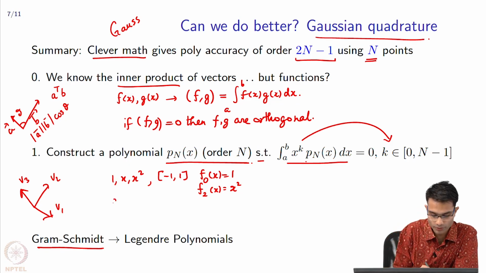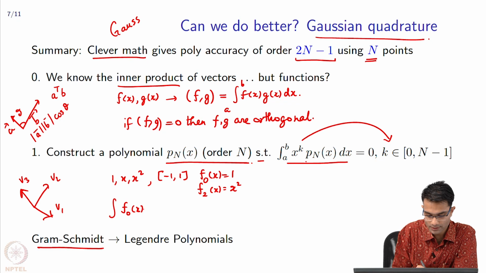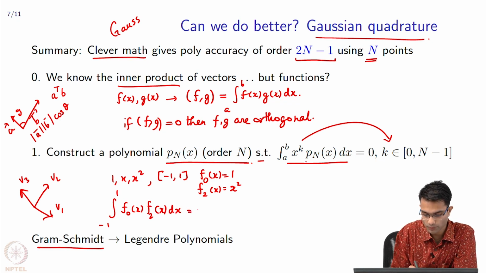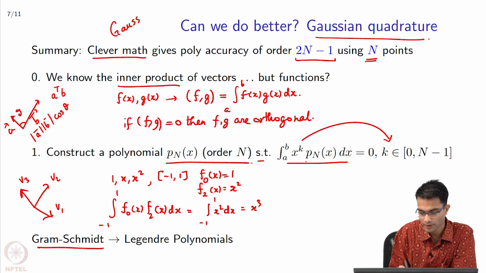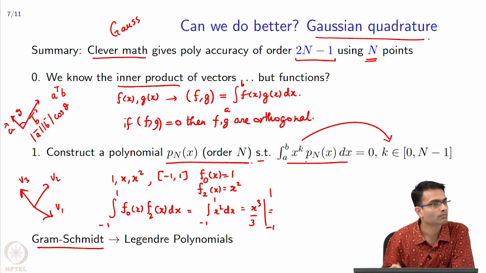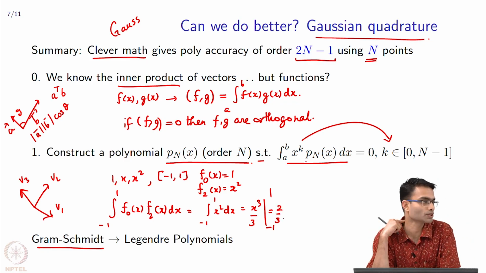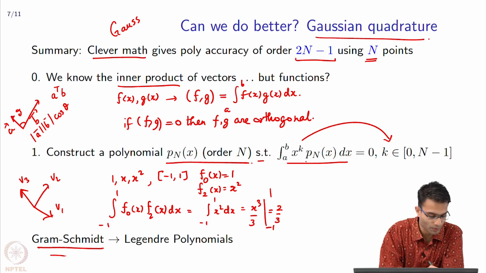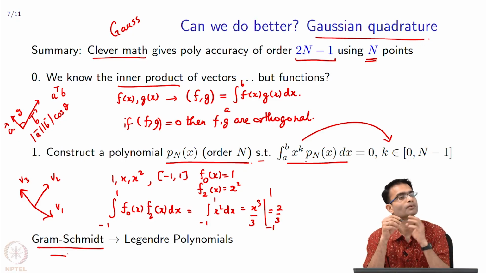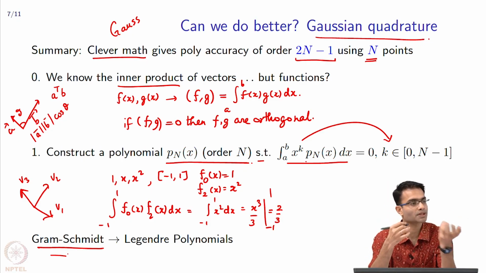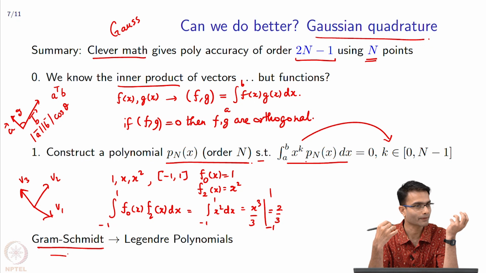Let us find out. The integral of f 0 x f 2 x dx from minus 1 to 1 is equal to the integral from minus 1 to 1 of x square dx, which is x cube by 3 from minus 1 to 1, and the answer is non-zero. So, these two functions are not orthogonal to each other, but there is no problem. I can apply this Gram-Schmidt process and I can arrive at a set of polynomial functions which are all orthogonal to each other.